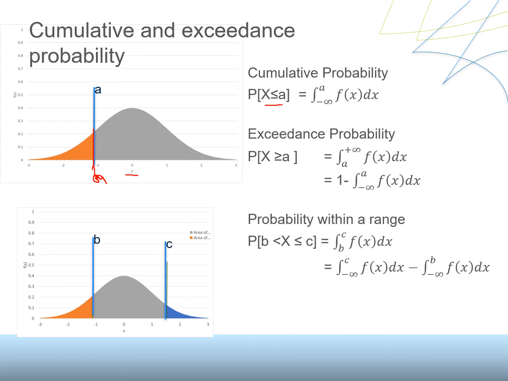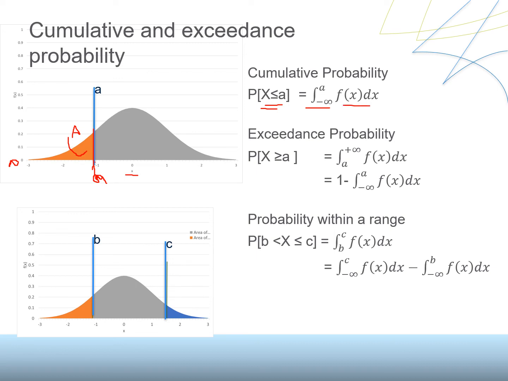So what is the probability of x being less than a? That is the integration. This is what we call the area, right? So probability is the area under this probability density function. And how do we calculate that area? We integrate from minus infinity, or whatever the lower range is, up to that point. The integration of this curve is the cumulative probability. So minus infinity to a, f(x) dx.